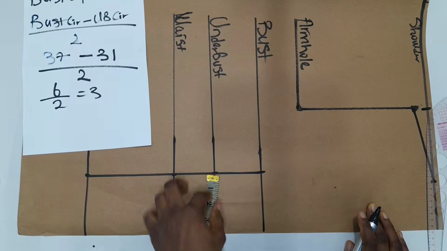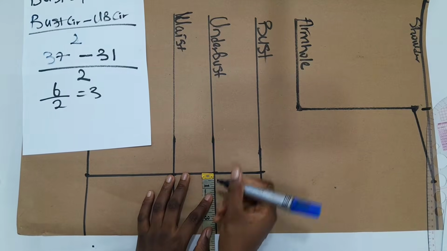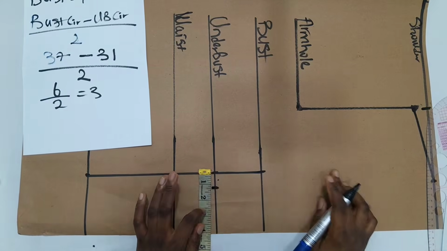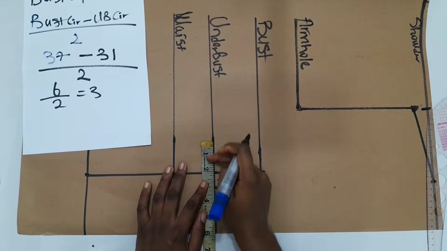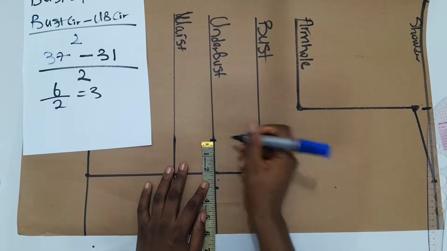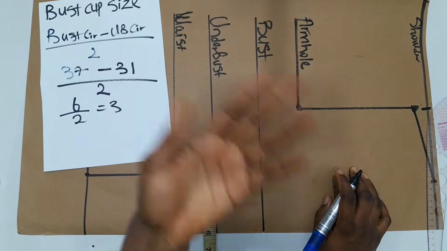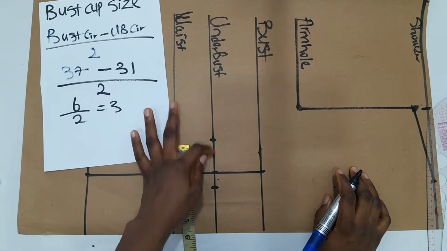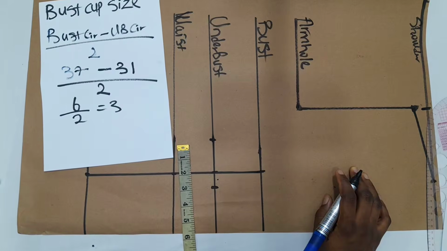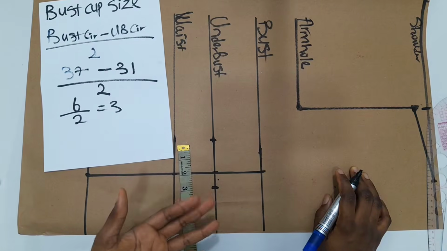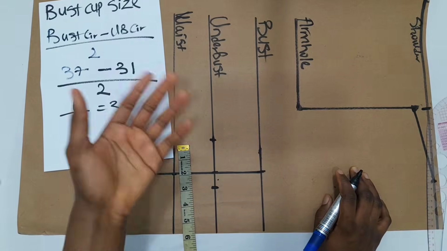So at this point here, I'm going to mark out 1 inch inward, and then the other 2 inches I'm going to mark towards this other side. If you get a measurement that will give you probably 2 inches here, you can share it as 1 inch here and 1 inch here. You usually get that kind of measurement when you are not that busty.